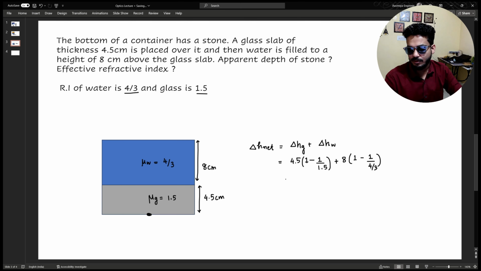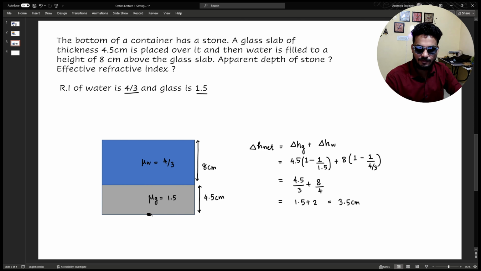If I do the calculations, 1 minus 2 by 3 is 1 by 3, so it's 4.5 by 3, plus 1 minus 3 by 4 is 1 by 4, so 8 by 4. This is 1.5 and this is 2. So there's a total shift of 3.5 centimeters from the bottom.